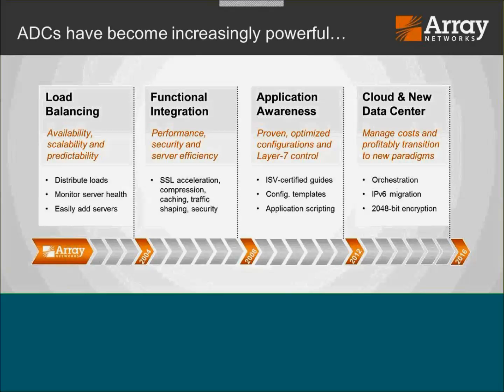Maybe I need hardware to terminate connections in a scalable way, or offload things like SSL, or provide a first line of defense. But I'm not going to try to do everything on that product. I'm going to deploy more nimble solutions close to the application. And so things are changing a little bit. So this is a little bit of the background. The ADCs have become increasingly powerful.